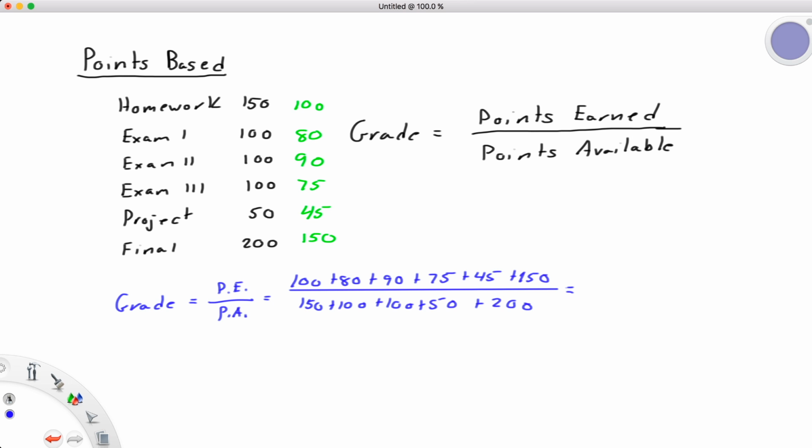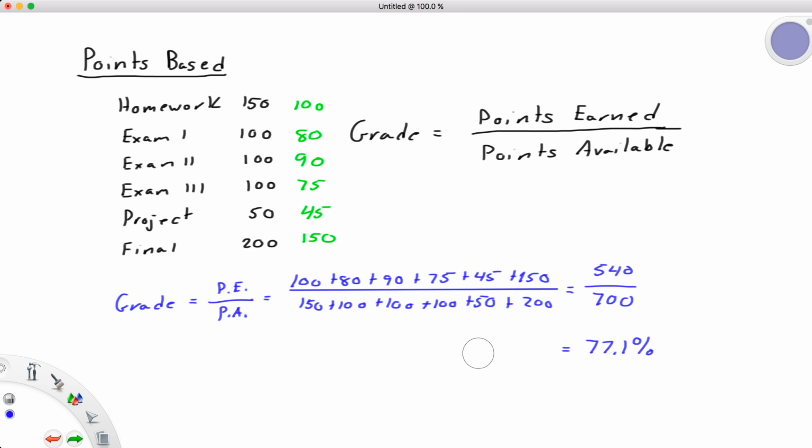If we add up all of the points earned, that totals to 540. And if we add up all of the points available, that totals to 700. So when we do our division, 54 over 70 is equal to 77.1%. And so this can work as a really simple solution to calculate your grade.